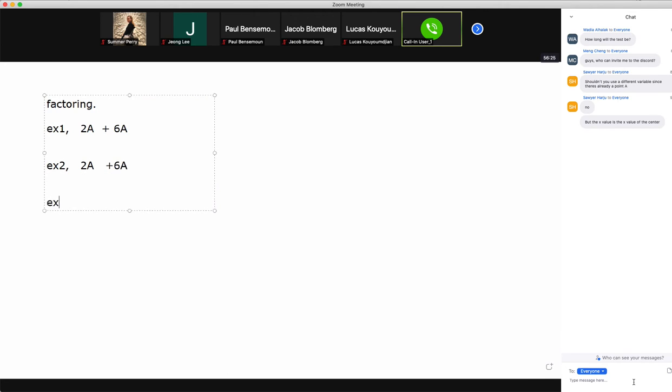Then example 3: 2a and b and c, plus 6 and a, and then let's say c, and then let's say d. Okay, so I'm going to do this here, and now let me fill in some numbers.